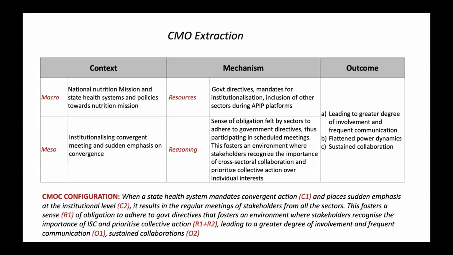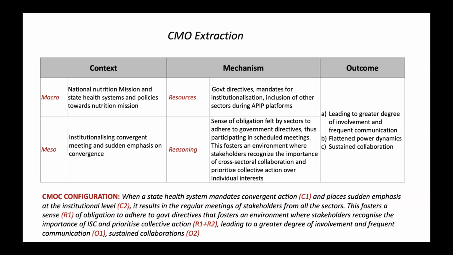For CMOCs, I followed the Dalkin method of dividing mechanism into resources and reasoning. Resource is something which the program offers, and reasoning is something which happens in the minds of stakeholders. For example, in my earlier context of how he felt involved, in the macro context, the National Nutrition Mission was being implemented back in 2018.